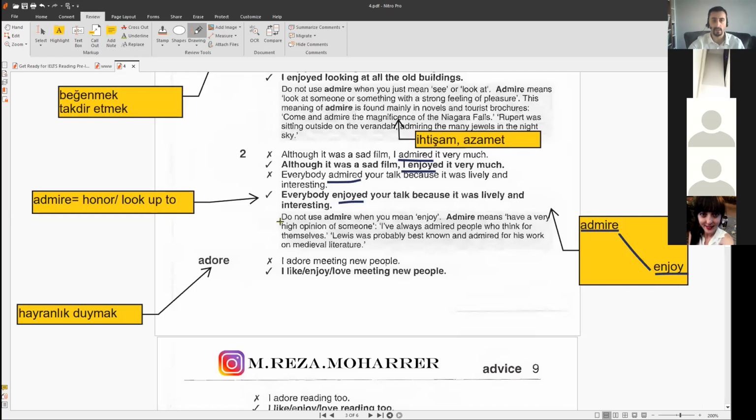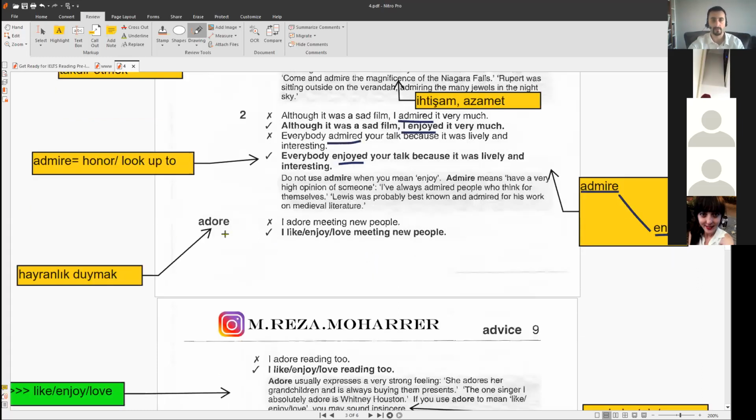Don't use admire when you mean enjoy. Enjoy is enjoy, but admire means have a very high opinion of someone. I've always admired people who think for themselves. Luis was probably best known and admired for his work on medieval literature. So again, admire is a very high level, higher than enjoy or the other words in this range.